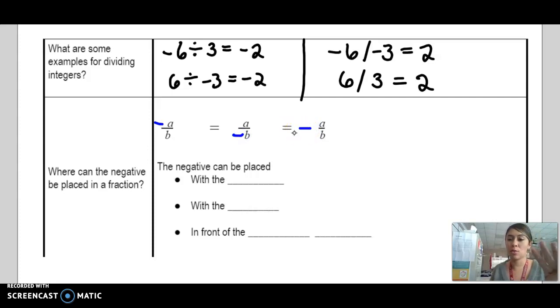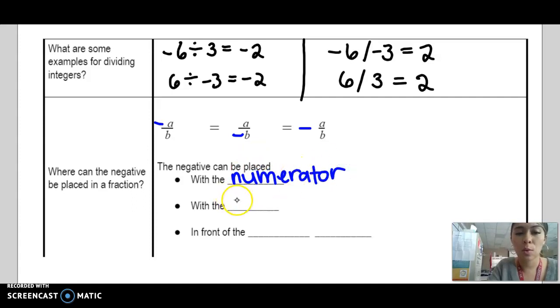So it can be in 3 different locations. Again, the negative can be placed with the numerator, so on the top, or with the denominator, or in front of the entire fraction.